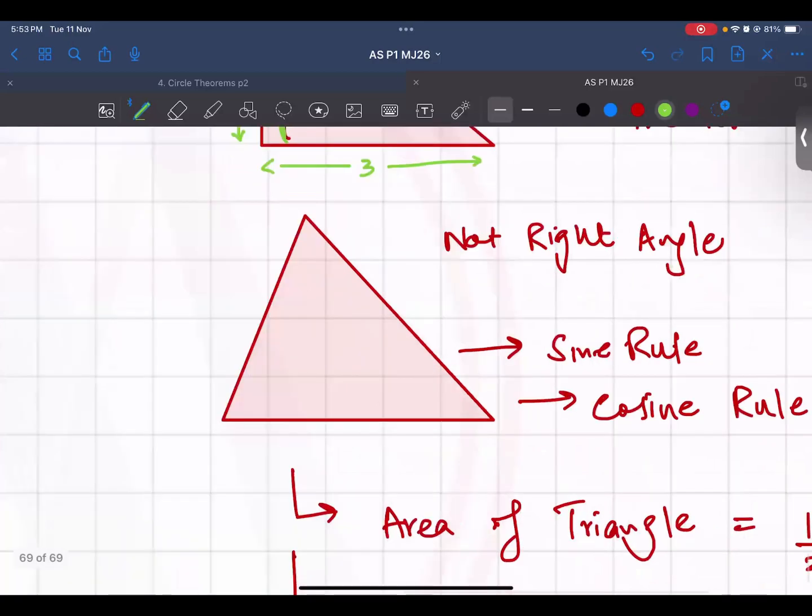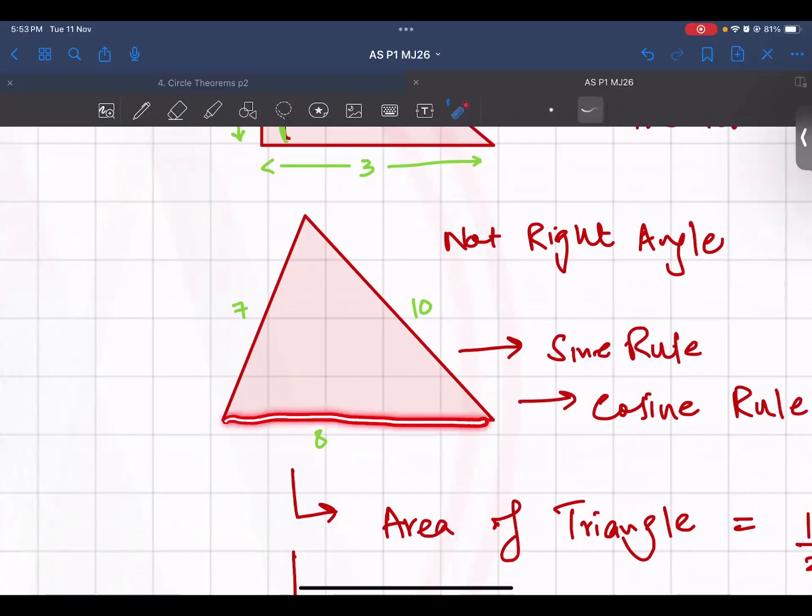For this triangle, let's suppose this is 7, this is 8, this is 10 something. Now, if you consider this thing as your base, 8, then your height will be this perpendicular distance to the maximum point.